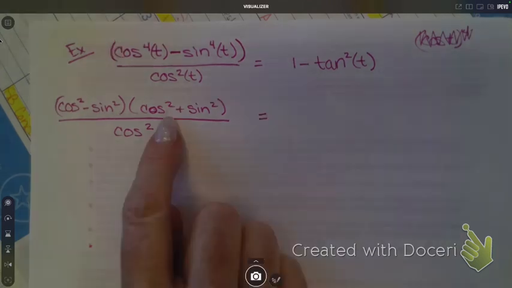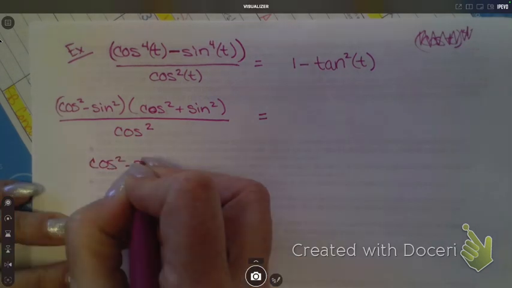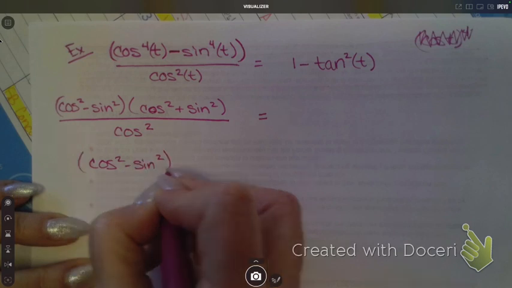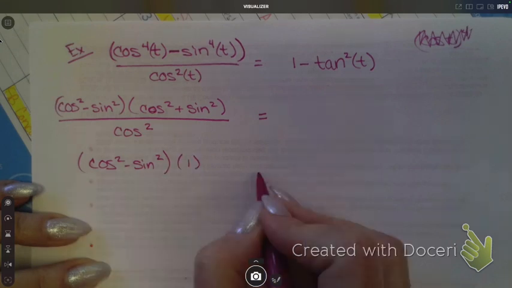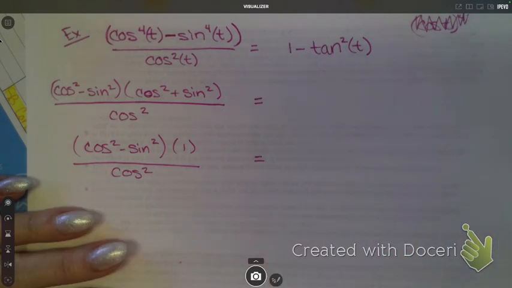So cosine squared minus sine squared times 1. Show that you're using the identity. Not by crossing out, by rewriting. Well, now that this is gone, yes.